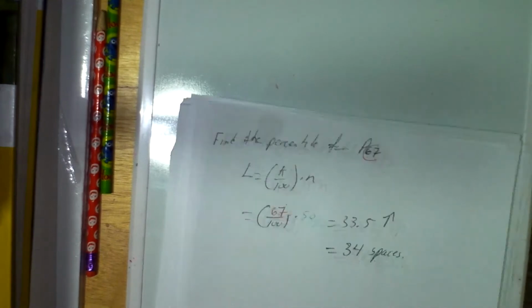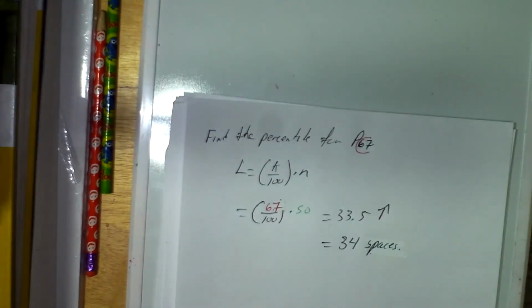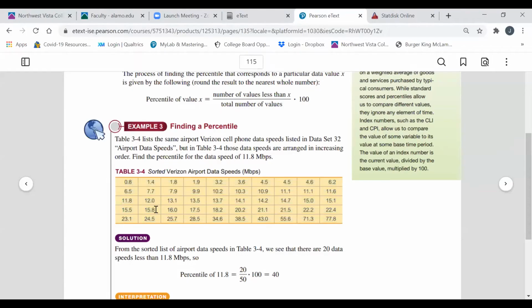Okay, so you're going to go back to your data set, go to this table and count. 1, 2, 3, 4, 5, 6, 7, 8, 9, 10, 11, 12, 13, 14, 15, 16, 17, 18, 19, 20, 21, 22, 23, 24, 25, 26, 27, 28, 29, 30, 31, 32, 33, 34.